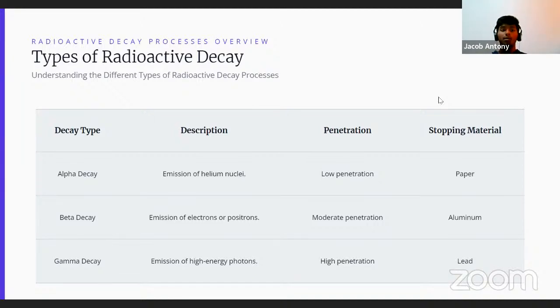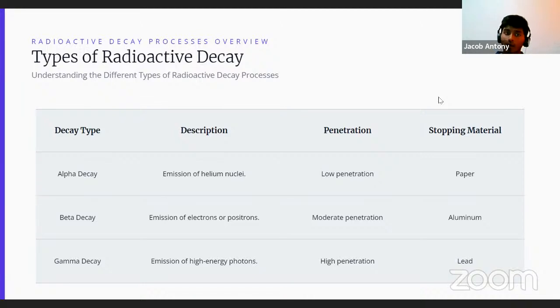When we look at beta particles, they can go through paper but are stopped by materials like plastic or a few millimeters of glass or aluminum. Since they are smaller and have less charge than alpha particles, they can travel further into materials. Gamma rays have the highest penetration power. Why? Because they are a type of electromagnetic radiation, such as X-rays, and can pass through most materials, including the human body.